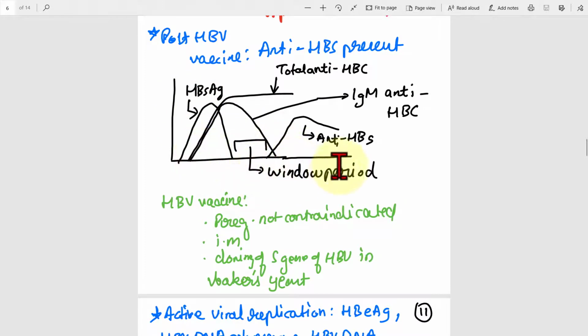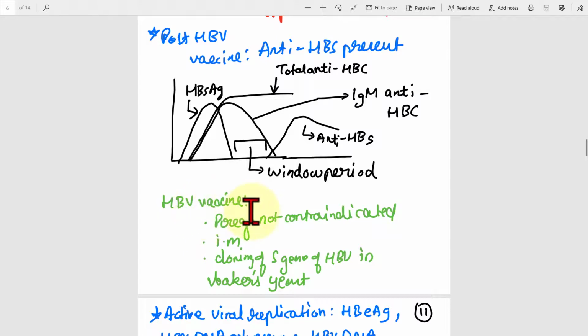Then there is something called the window period. There's also total anti-HBc, which appears later after HBsAg, and it remains constant throughout for a period. And then there's also IgM anti-HBc and also anti-HBs, and this appears last as seen in the diagram.